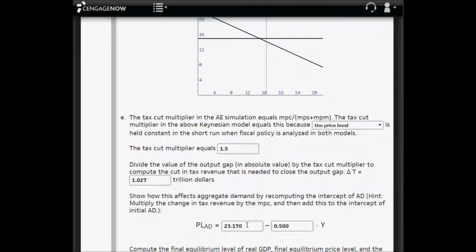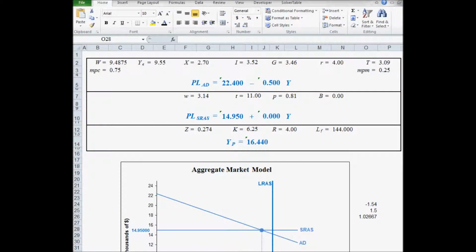Another way to get the new intercept is to add the product of the tax cut and the MPC. So I'm going to do that in Excel. Notice I've changed the tax revenue back to its initial value of $3.09 trillion.